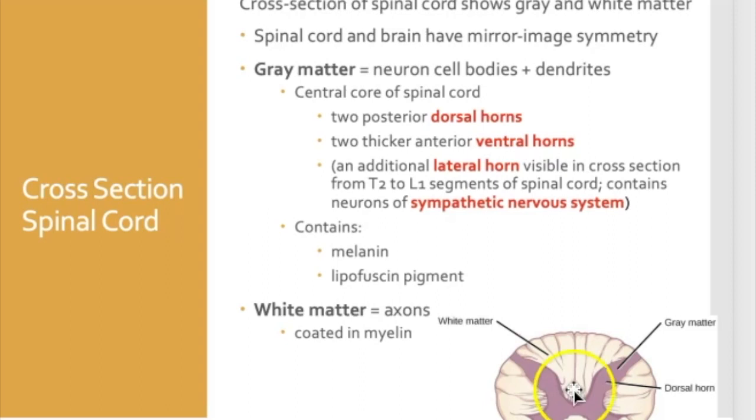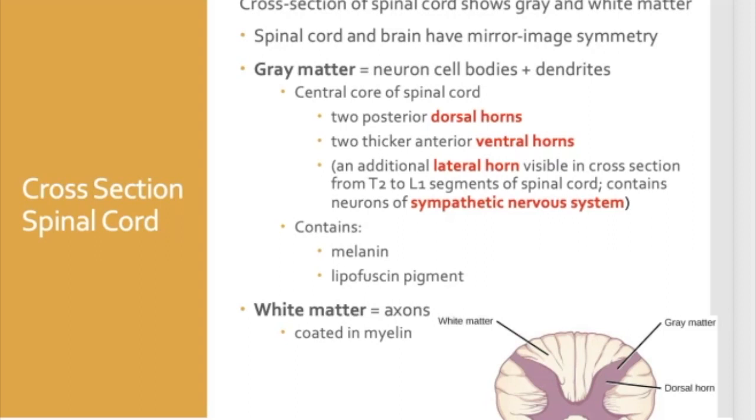In certain areas of the spinal cord, there's also lateral horns. The reason that gray matter is gray, remember, is because it contains some pigments, both melanin and a pigment called lipofuscin. The white matter surrounds the gray matter, and this is where all the axons are found.